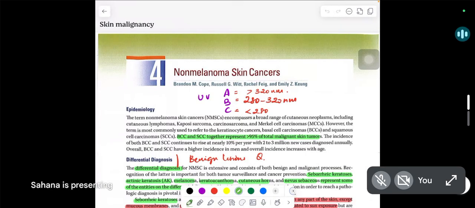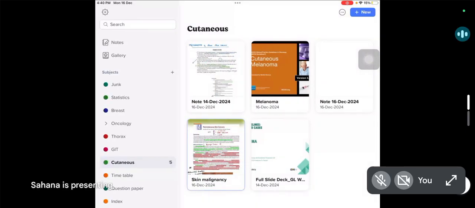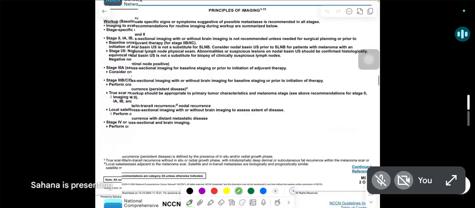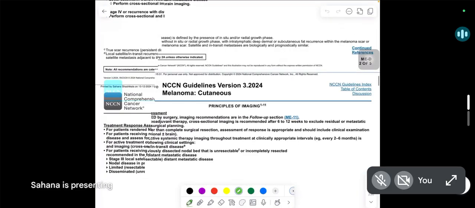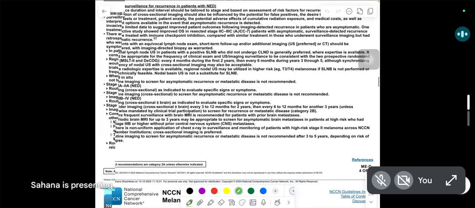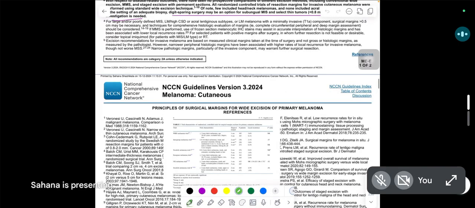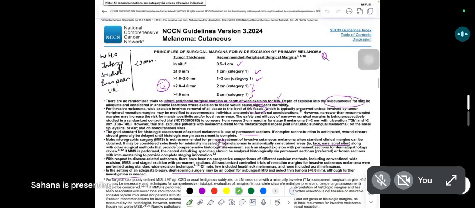I forgot to tell about margin trials, I think. Just a second, it is here. Margin, basically you divide it into whether it is carcinoma in situ, and by thickness you decide. So when you're writing about your margins, you can write if it is in situ, recommended is 0.5 to 1 centimeter.